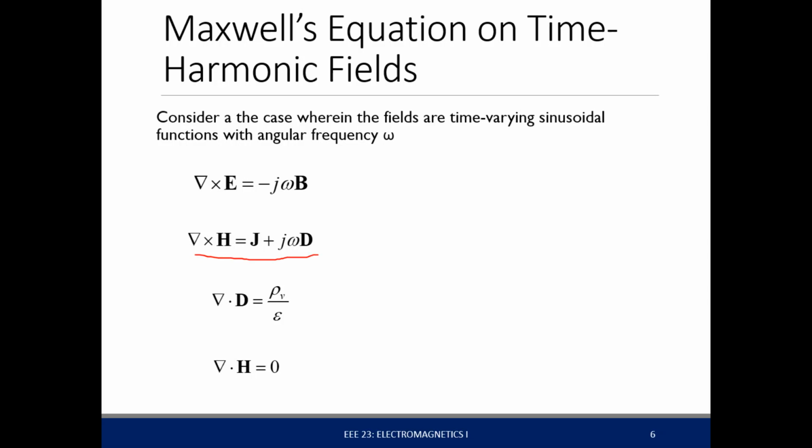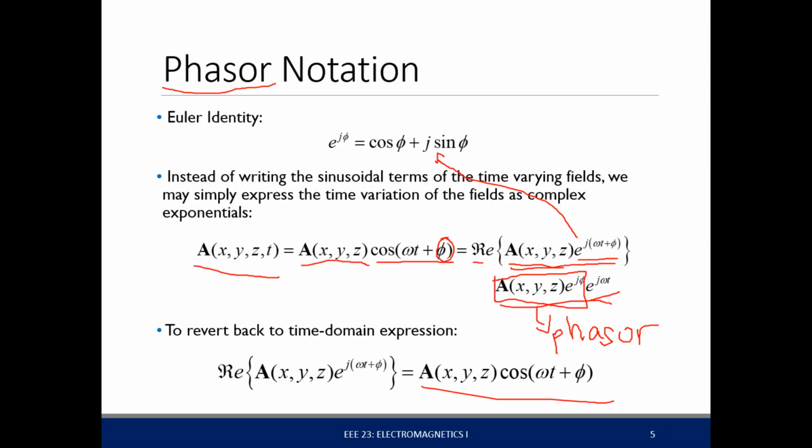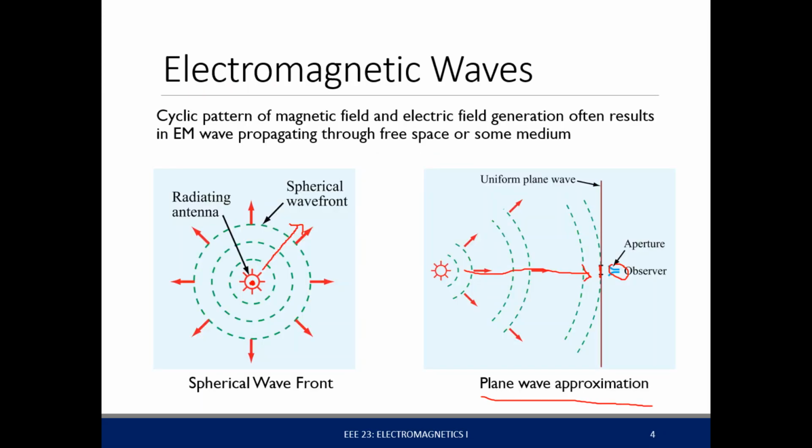Okay, so let's consider a special case. We want to prove that our electric field and magnetic field actually propagate. So what is the special case here? Let's use our plane wave approximation. That is, at this region, very far away from the source.